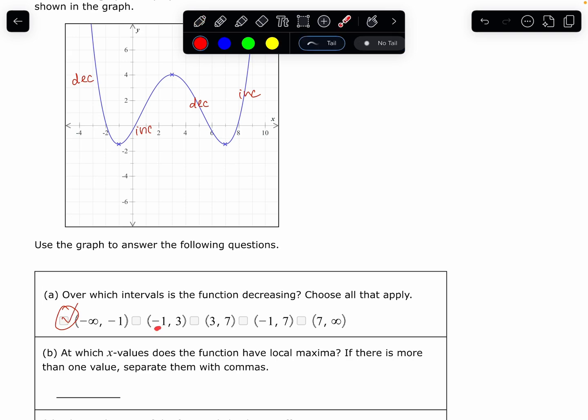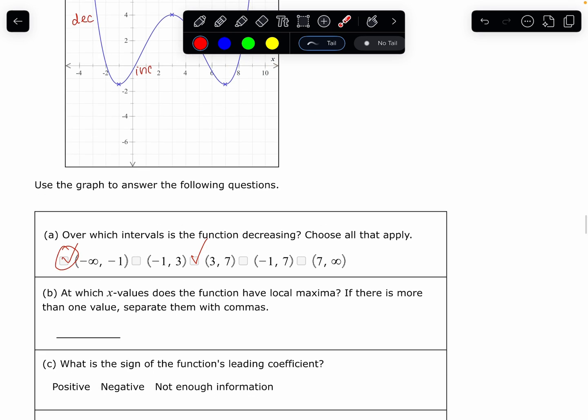From -1 to 3, no. You can see here that we're increasing. From 3 to 7, yes, we are decreasing in between there. So that's a yes. From -1 to 7, we're not always decreasing. We have this part where we're increasing, so I'm going to say no to that one. 7 to infinity is no, because we're increasing.